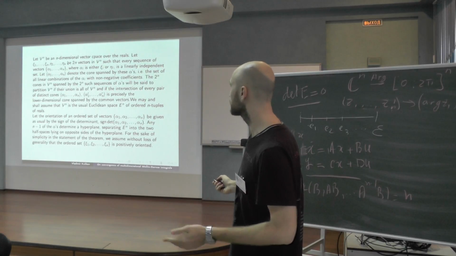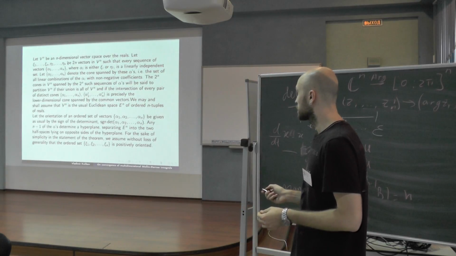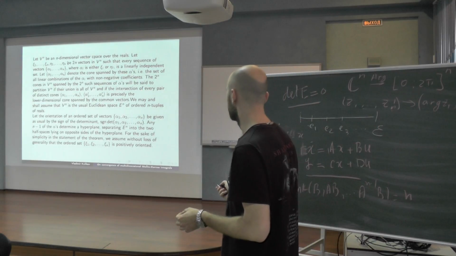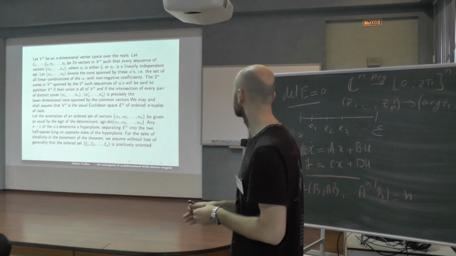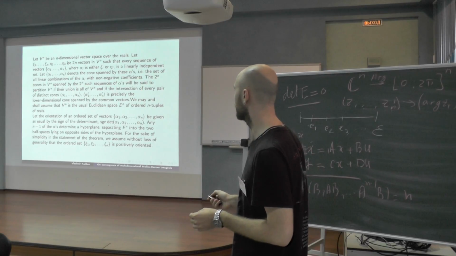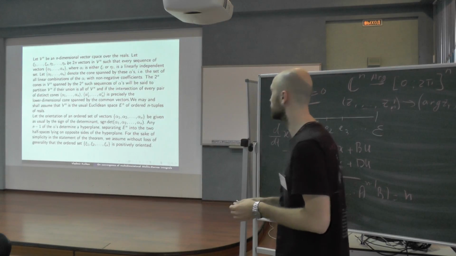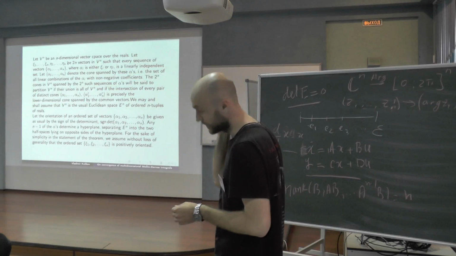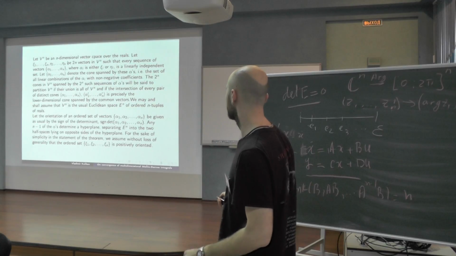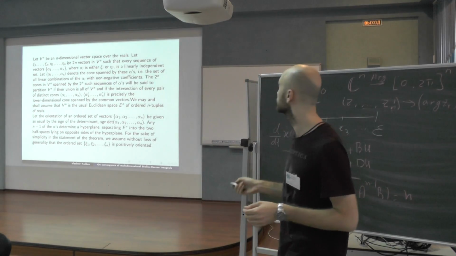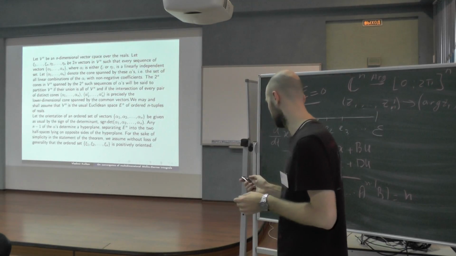We may and shall assume that Vn is the usual Euclidean space. Let the orientation of n-ordered sets of vectors alpha 1, ..., alpha n be given, as usual, by the sign of the determinant. Any n-1 of the alphas determine a hyperplane separating En into two half spaces lying on opposite sides of the hyperplane. For the sake of simplicity in the statement of the theorem, we assume without loss of generality that the first set of vectors, psi1, ..., psi n, is positively oriented.